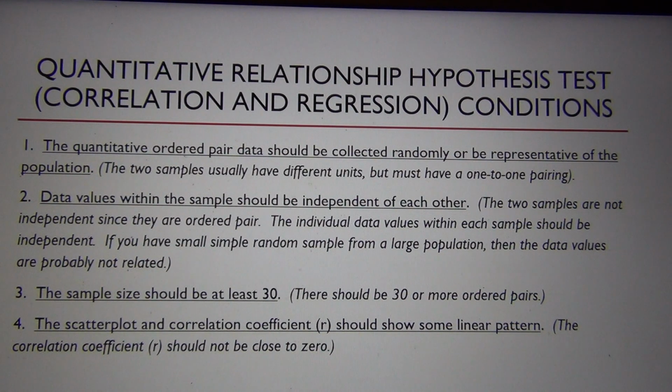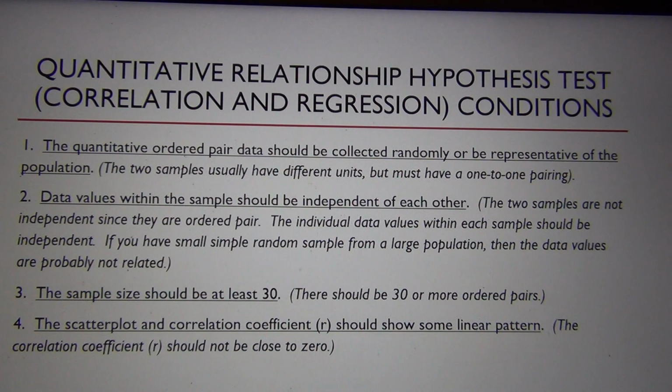The data values within the sample should be independent of each other. This is always a difficult one. Remember, this is ordered pair data, so the data values between the samples will be connected because they'll be coming from the same people or same objects. But within each data set, the people or the objects in the ordered pair data should not be related to each other.